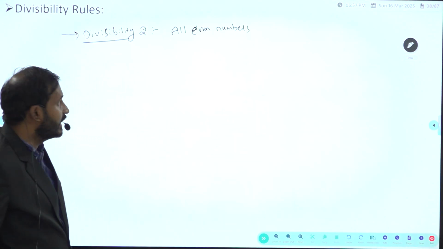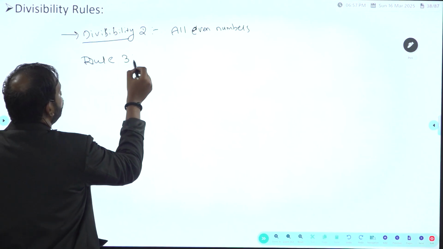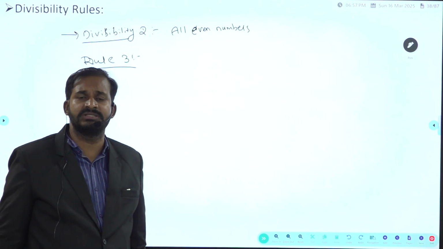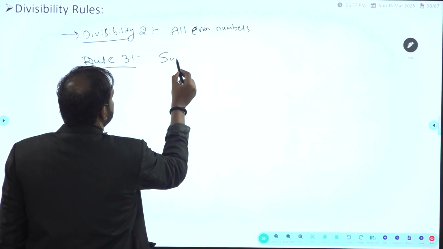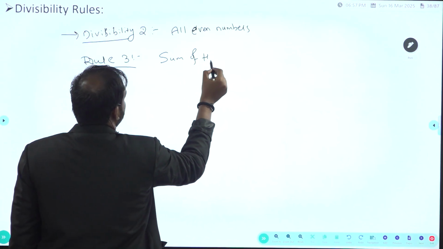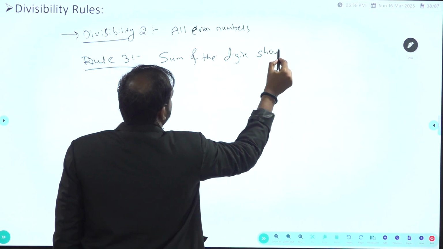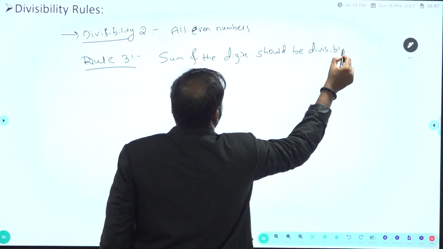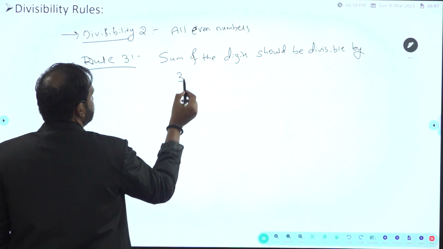Okay, good. Next, what is the rule for 3? The rule for 3 is very, very important, because they are framing many questions from this rule. What is the rule for 3? The sum of the digits should be divisible by 3.